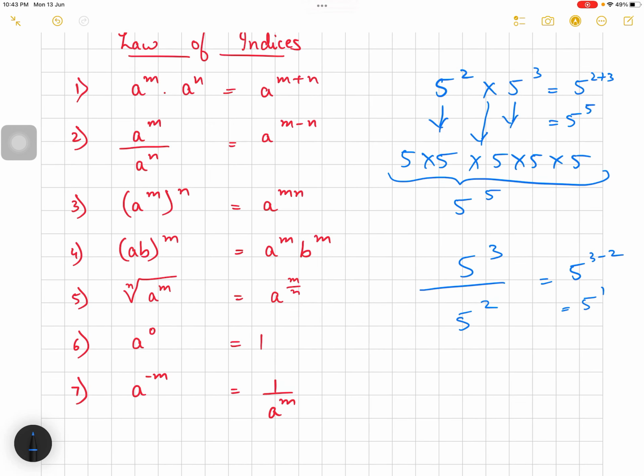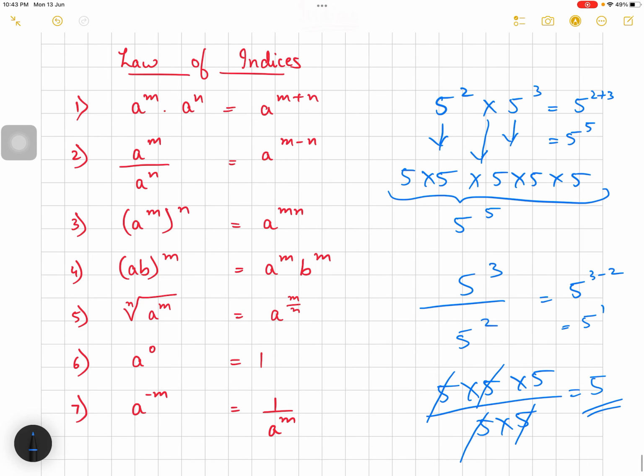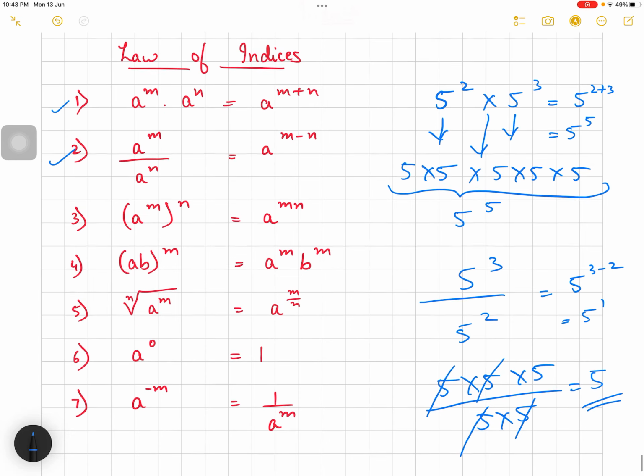Let me prove this. 5 raised to 3 means 5 into 5 into 5, and 5 raised to 2 is 5 into 5. So the 5s cancel. What is remaining is 5. Right? So I proved the first law and the second law.